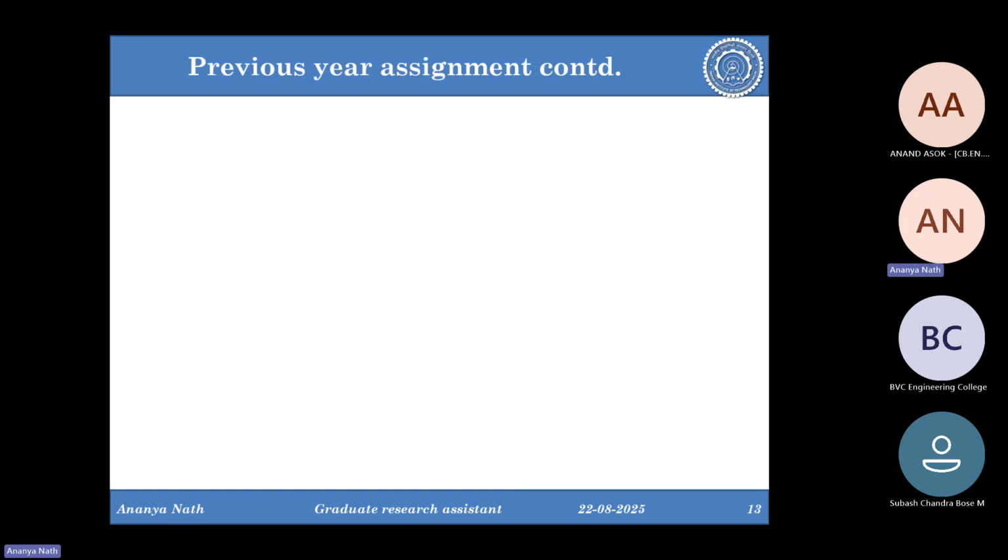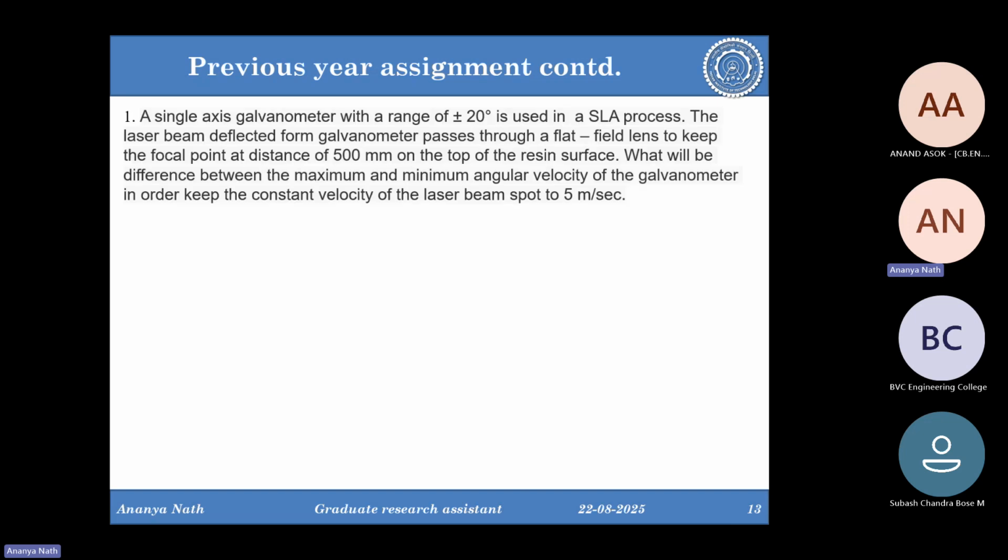Next, I have some questions from the previous year's assignment because I was the TA for this course last year also. So these are last year's questions. It's almost the same question, same way.